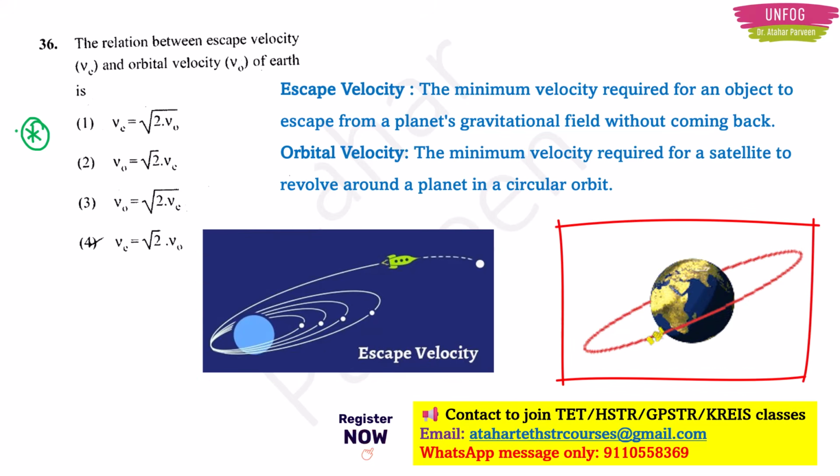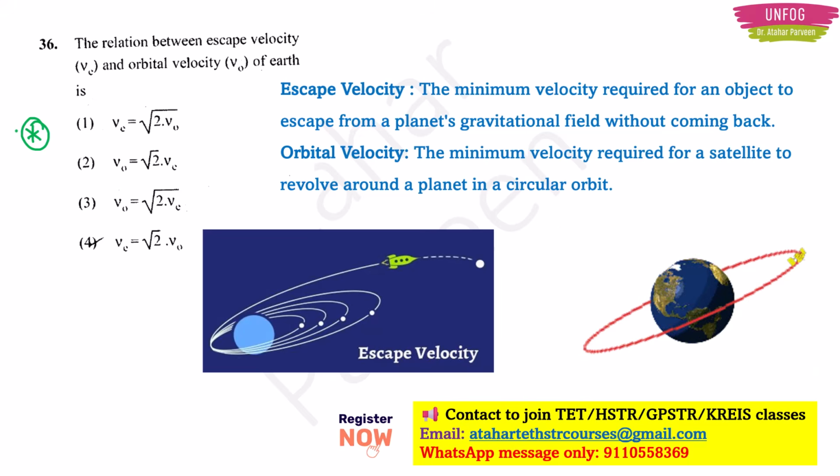Orbital velocity is the minimum velocity required for that satellite to stay and revolve around that planet in a circular orbit. Now, talking about the relation between these two, actually orbital velocity is equal to escape velocity divided by square root of 2. But this is not there in any of the options given.